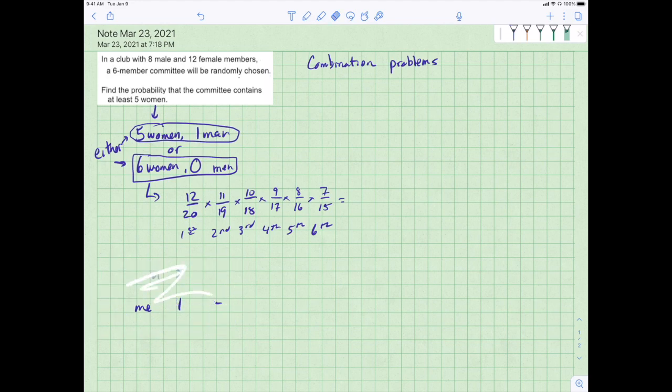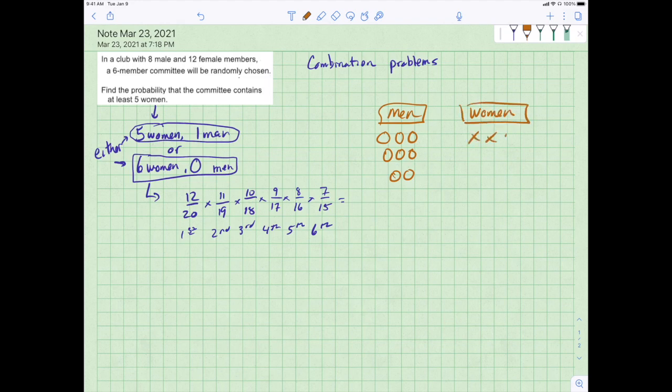The way that you do it is, let's draw over here how many men we have. Let's do this in a different color just because we can. So men, we have 8 men, and then we have 12 women.